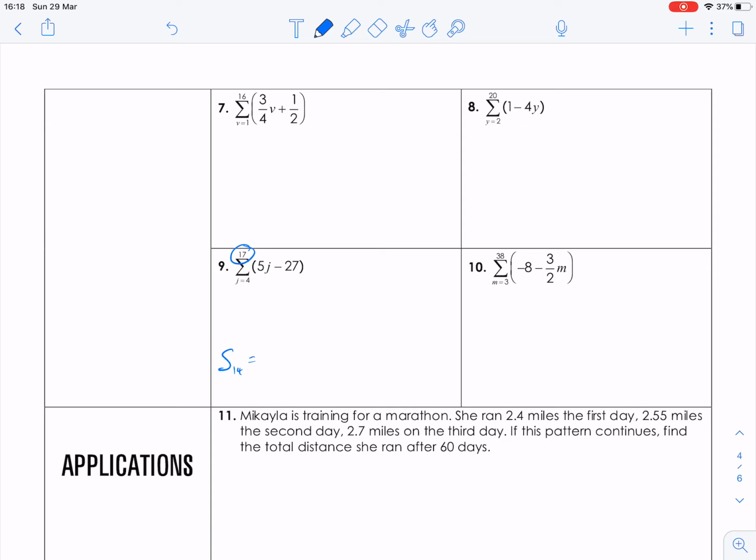So S of 14 is going to equal how many terms? And then we have our first term plus our last all over 2. So we need to find our first term. Is it going to be a of 1? What is going on here? A of 1 is going to be this guy. But what is a of 1 in this case? A of 1 is actually equal to a of 4, right? A of 4. And so we get 5 times 4 minus 27, which is going to equal -7.